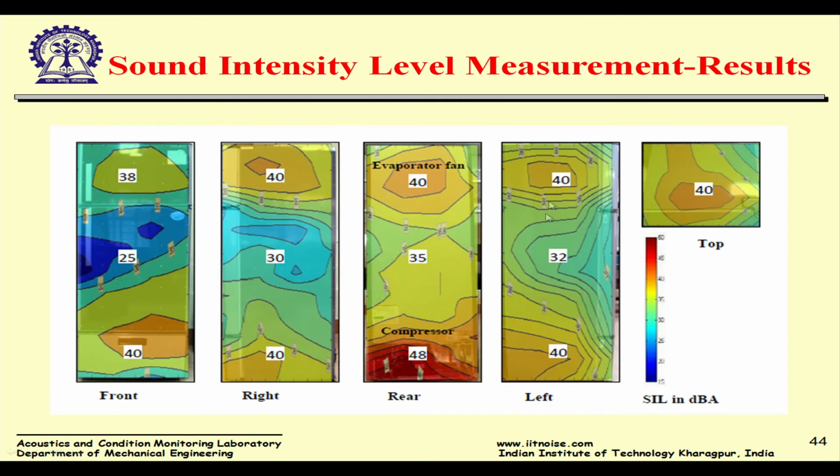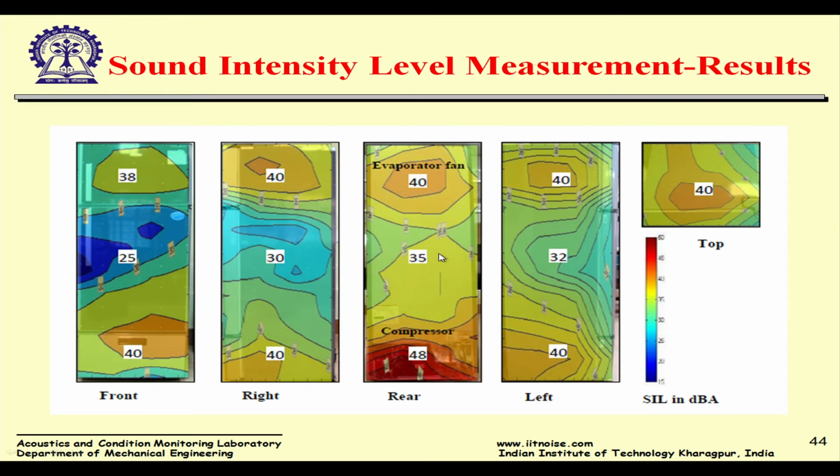If you look at the sound intensity level measurements of the refrigerator at all 5 surfaces, obviously we could not go to the bottom of the refrigerator. And if you see here, the compressor sits at the bottom, 48 dBA, the most noise producing element in this refrigerator, followed by the evaporator fan, which is on the top.